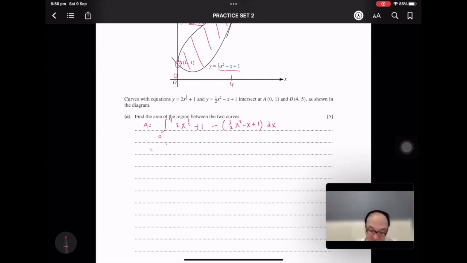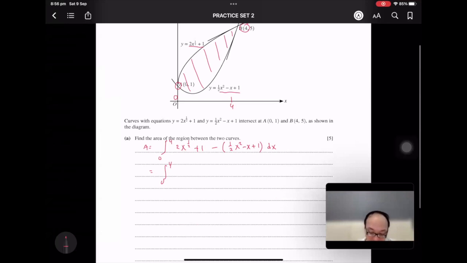So we can simplify it first, yeah? So this is 2x to the half, and then minus half x squared plus x minus 1 plus 1, so 0 dx.